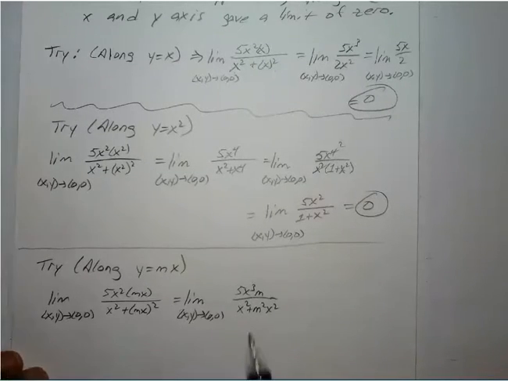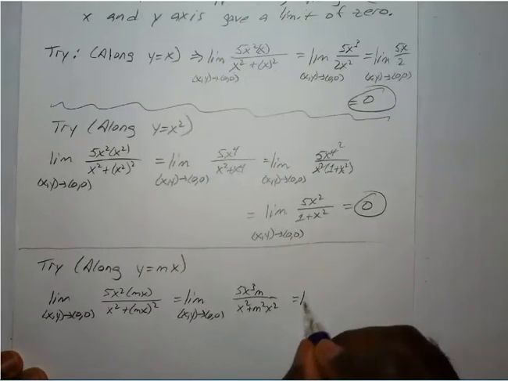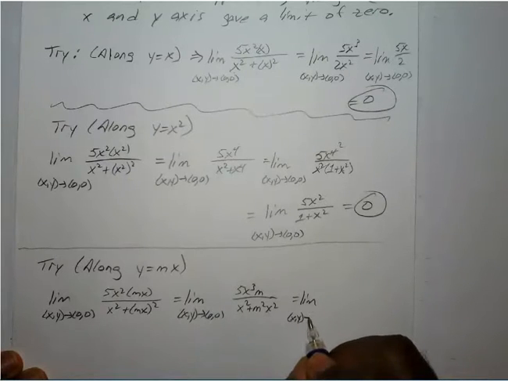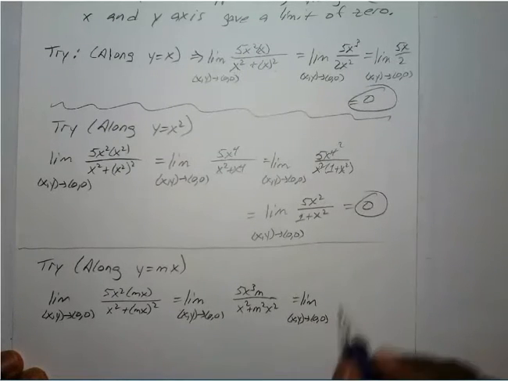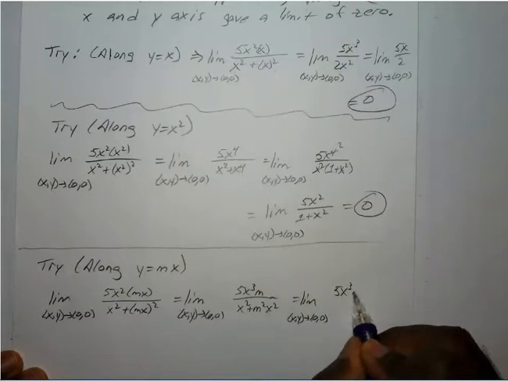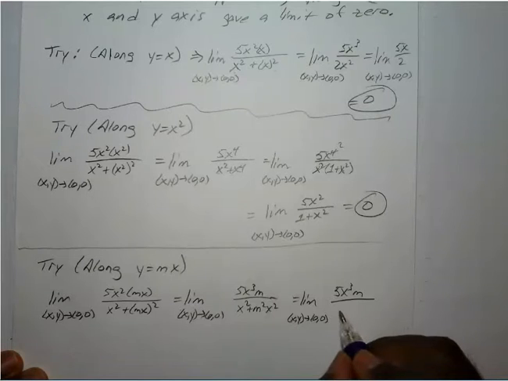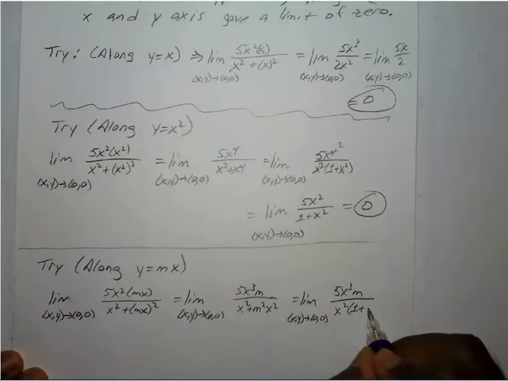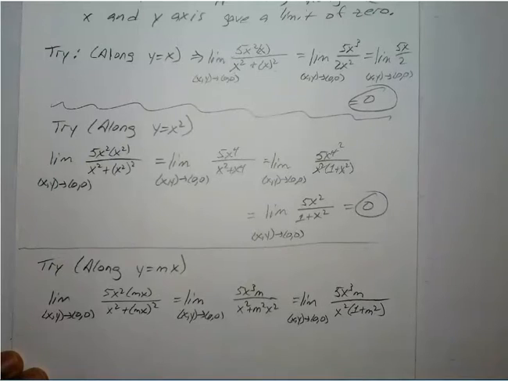Okay, so we're going to factor x squared out of the denominator. So we have the limit as (x,y) approaches (0,0) of, let's say, 5x to the third times m over x squared times 1 plus m squared.